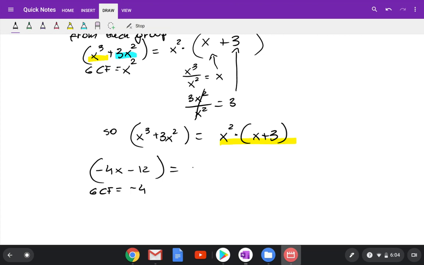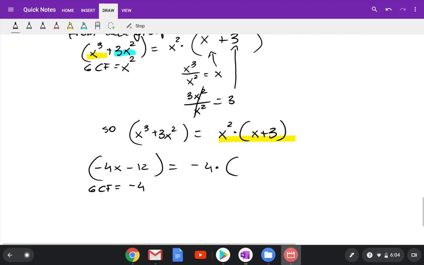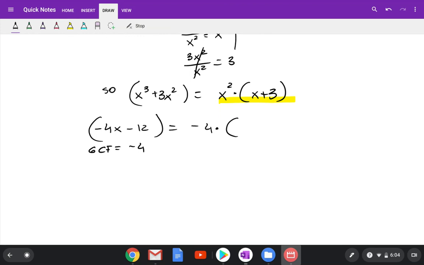Okay, so we're going to factor negative 4 out, which is the GCF. And to get the expression which will be in the parenthesis, you take your original first expression, which is negative 4x, divided by GCF, which you find, and we end up with x.